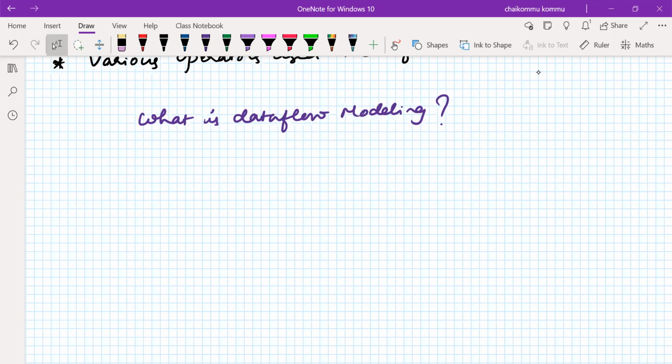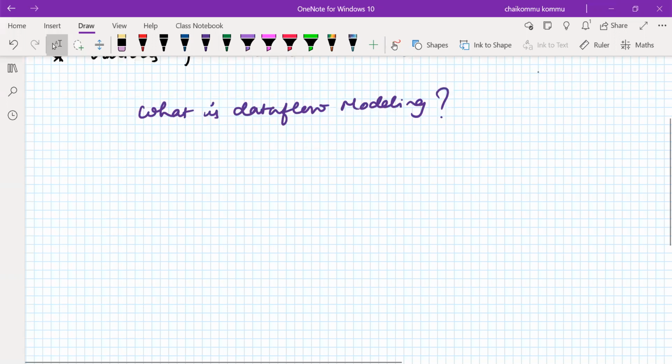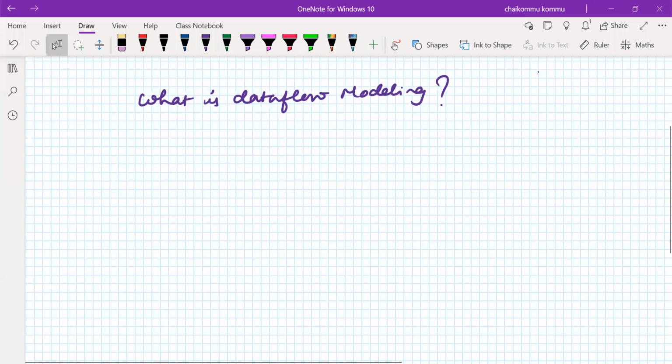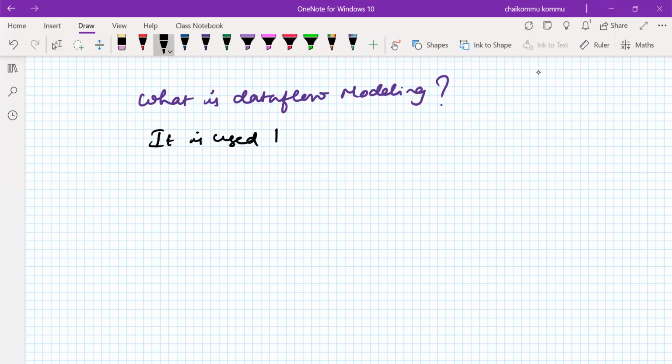So let us take one example. It is also used to describe the circuits, logical circuits, at data flow level.